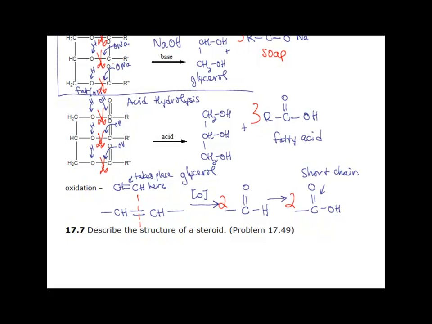And short chain carboxylic acids stink. They really stink. Actually, one of the components of body odor is a short chain carboxylic acid. You know, that very distinct odor. So short chain carboxylic acids have a very noticeable, distinct smell.